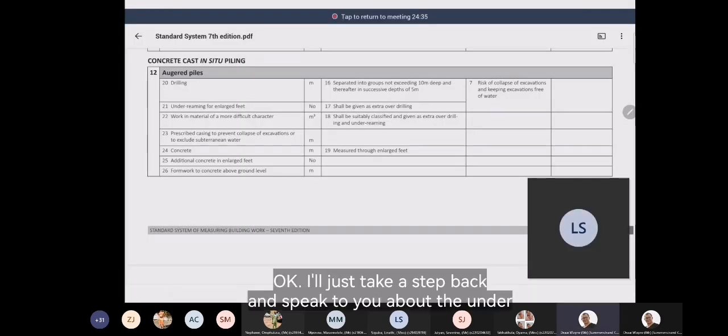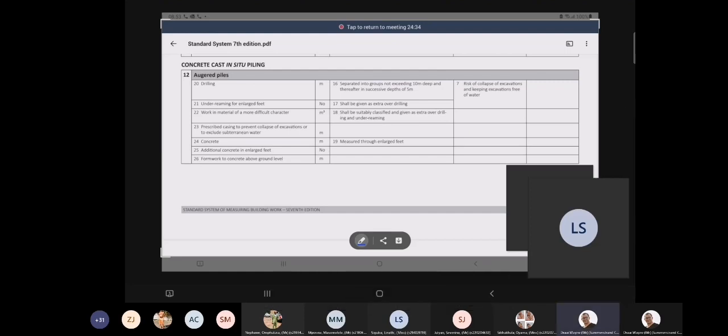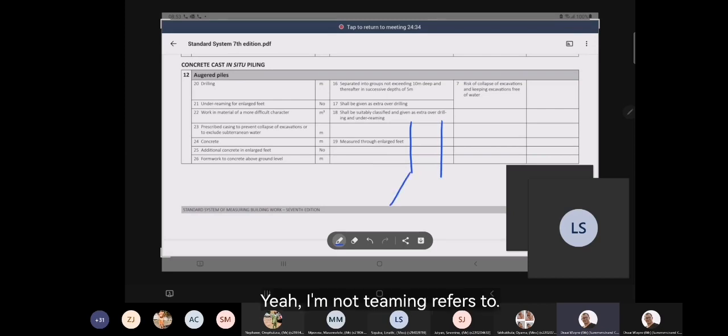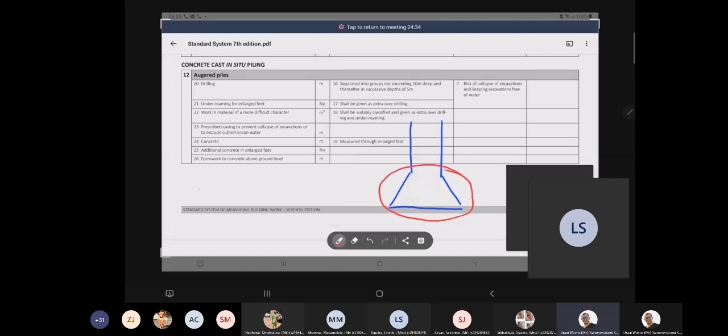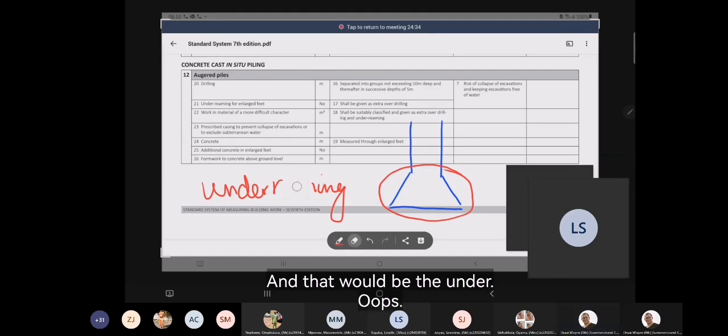Okay, I'll just take a step back and speak to you about the under-reaming. Now, that is my pile. The under-reaming refers to that section there.